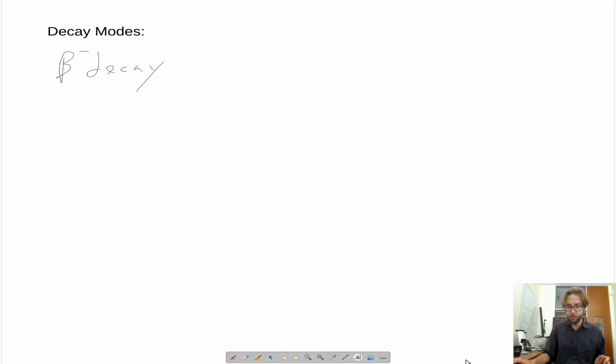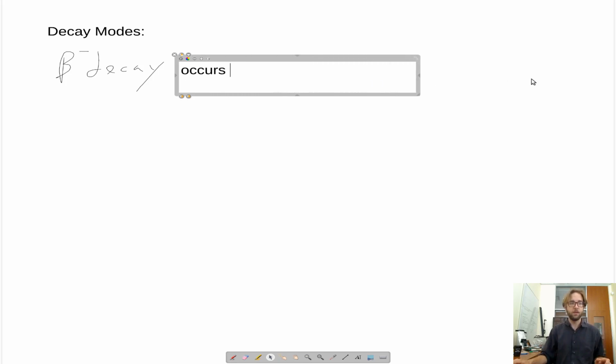Beta-minus decay occurs when a nuclide has too many neutrons relative to the number of protons.